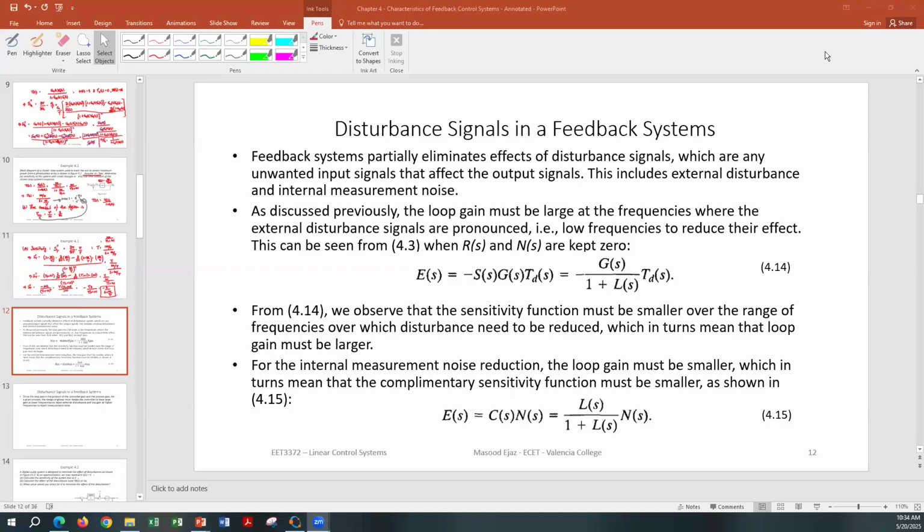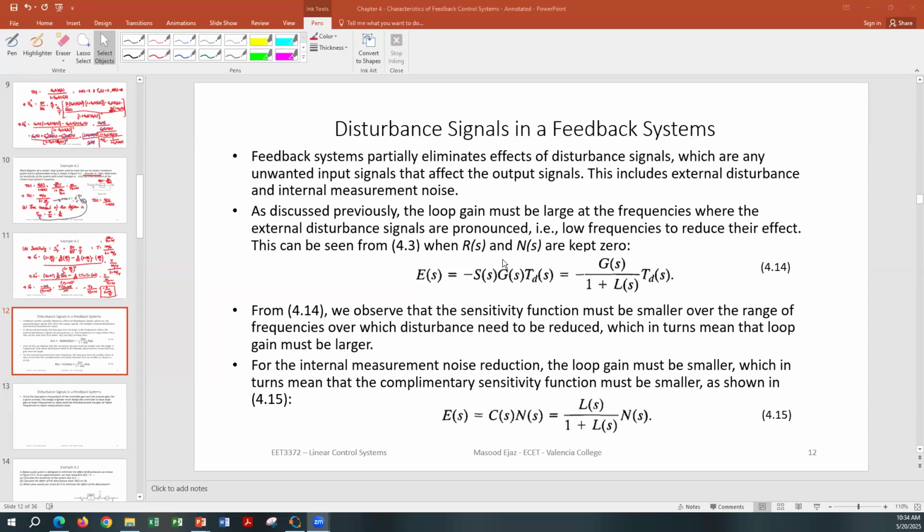So the next topic, we're going to look at disturbance signals in feedback system, something that we already discussed earlier in this chapter, as at what frequencies we can eliminate or reduce the disturbance signals and the noise signal. So same discussion is carried out in this topic. Feedback system, of course, partially eliminates or at least reduces the effect of disturbance signal.